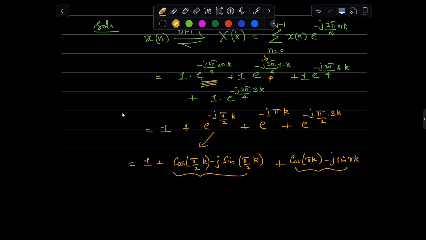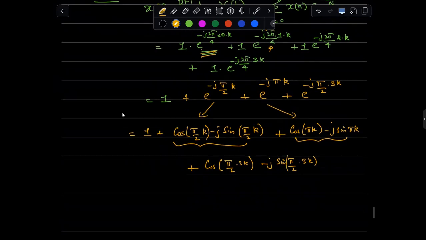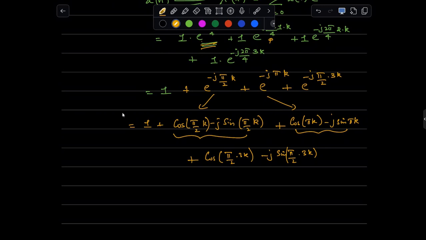Then the last one, which is nothing but cosine of pi over 2 into 3k, minus j sine pi over 2 into 3k, right? That's it. This is the equation for x of k.